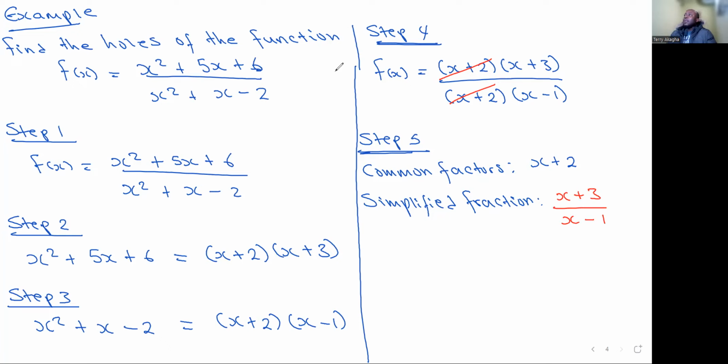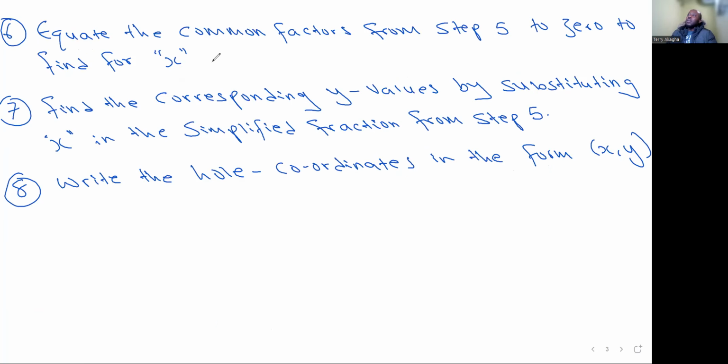So the common factor is x plus 2. Now the simplified fraction, when you strike it off, is going to be x plus 3 over x minus 1. Now let's go to step 6. Step 6 says you have to equate the common factor from step 5 to 0 to find x.